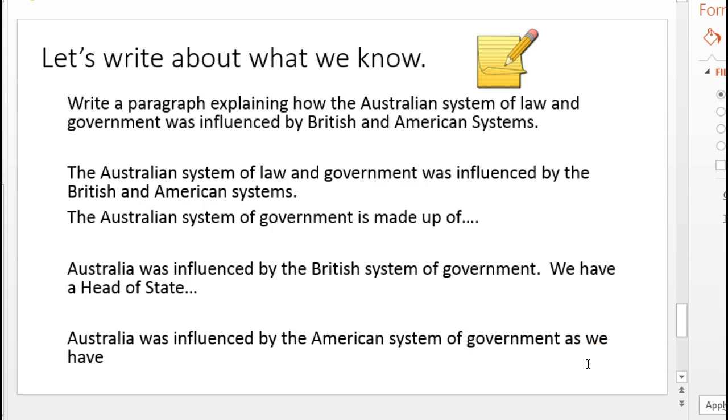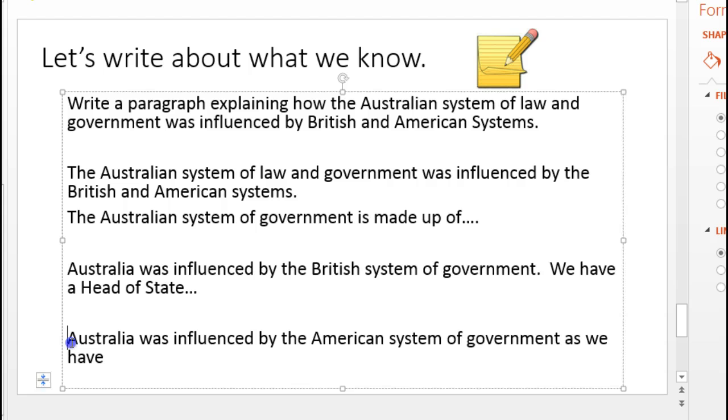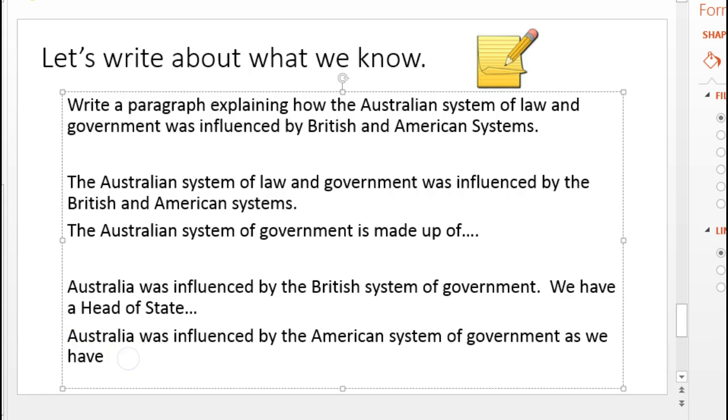There's one example. And to finish it up, we are going to write our concluding sentence. Our concluding sentence is as simple as saying Australia was influenced by both the UK and the USA to create a system of government. I'll put that in for you. It's just summing up what we have to say.